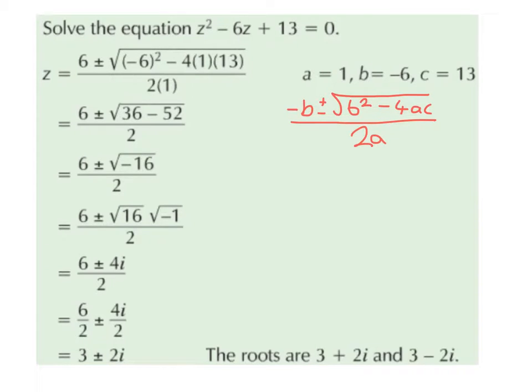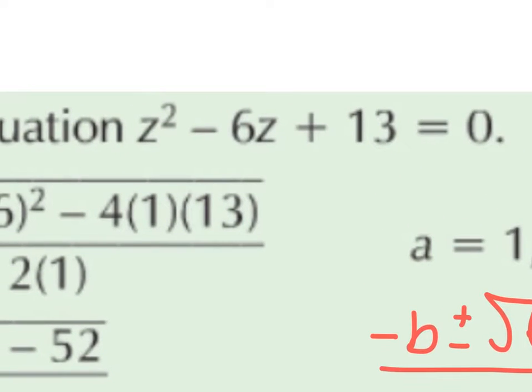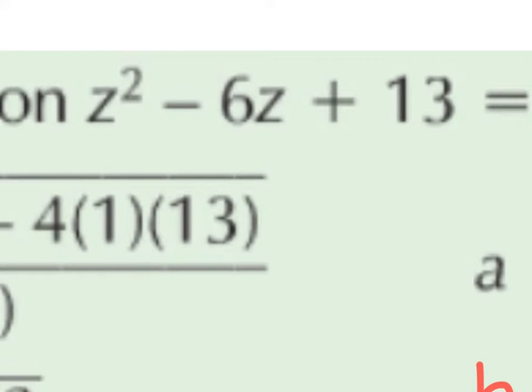So what we're going to do is have a look at our function. We have z squared minus 6z plus 13. What we want to do is label the z squared term as a. But we have to remember that z squared really has an invisible 1 in front of it, so a is going to be equal to 1.